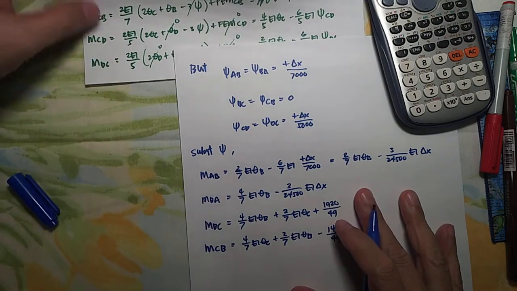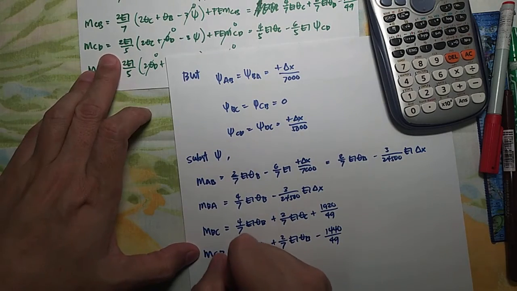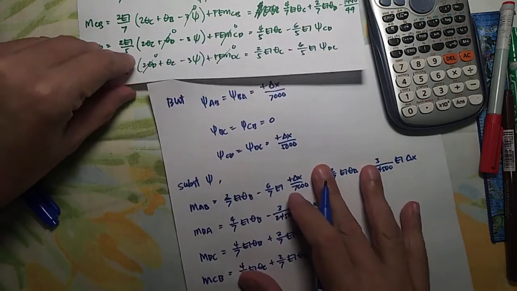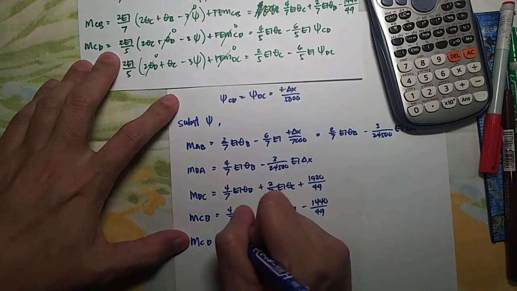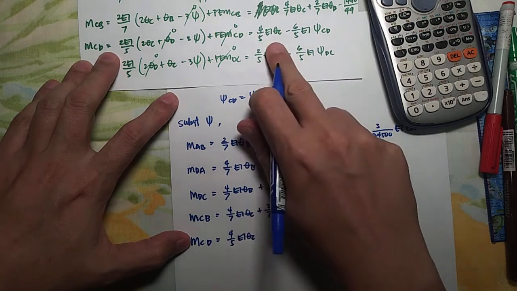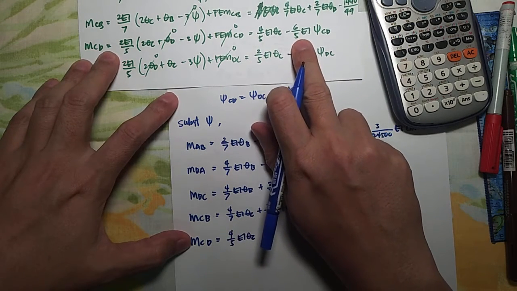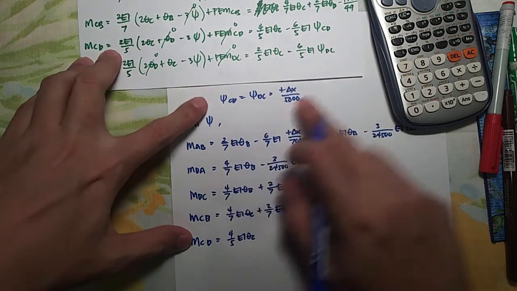Then for CD, this one, for member CD, okay, for member CD. So 4 over 5 EI theta C minus 6 over 5 of EI, and psi CD is this.